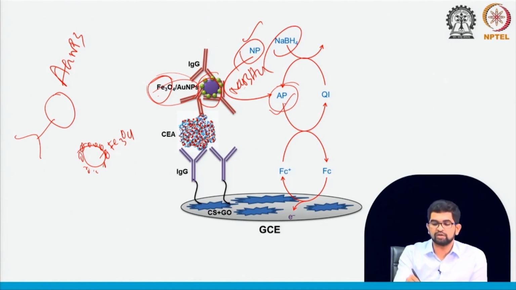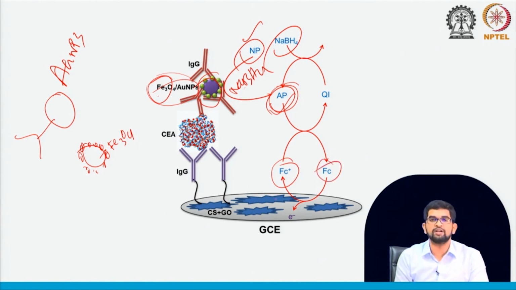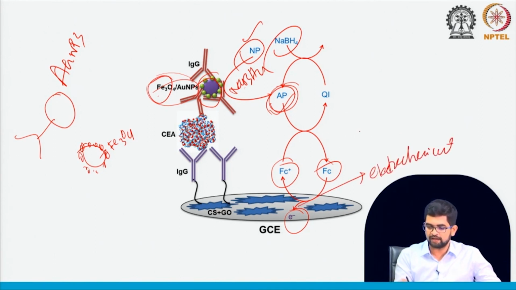Now, this aminophenol can react with Fc plus, that is ferrocene plus, and it will form Fc, ferrocene 0, and then it will oxidize on the sensor surface and we will get the current. So, now you see this is electrochemical, and this one again chemical, because this aminophenol reacting with the Fc plus forms the quinoline, this is chemical, and sodium borohydride reacts with the quinoline.